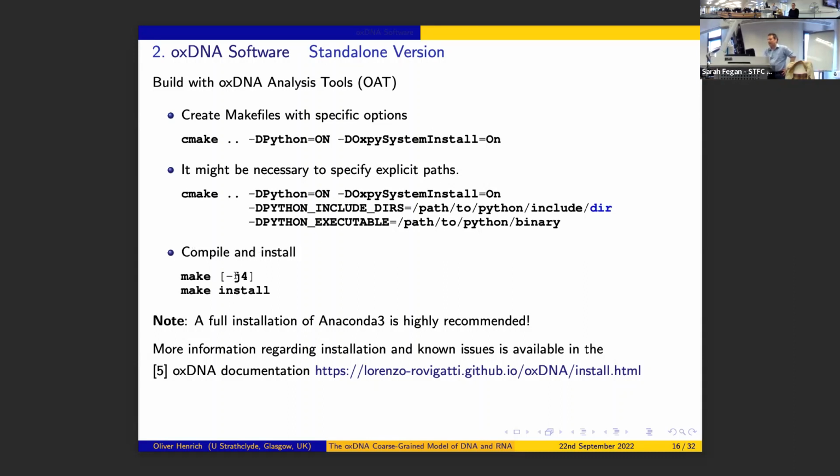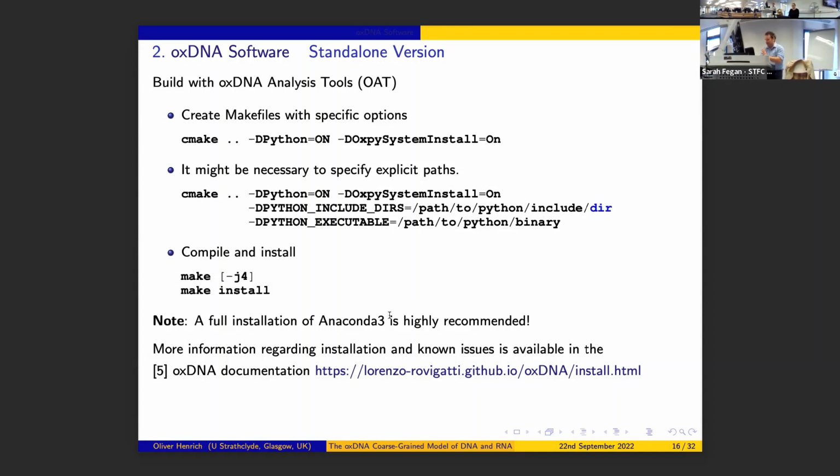But then it's also just doing make and make install. What I found out is a full Anaconda 3 distribution is probably necessary. I did it with a Miniconda at first because I thought I don't use this normally. Didn't cut it. So, another hour of my life passed without progress. But you can get it working.